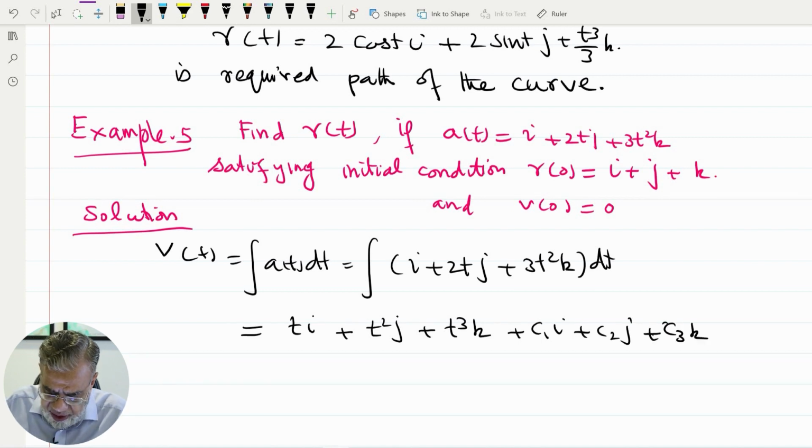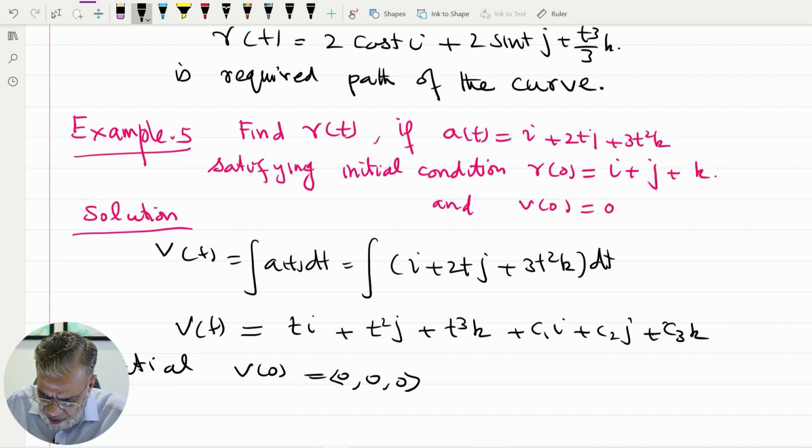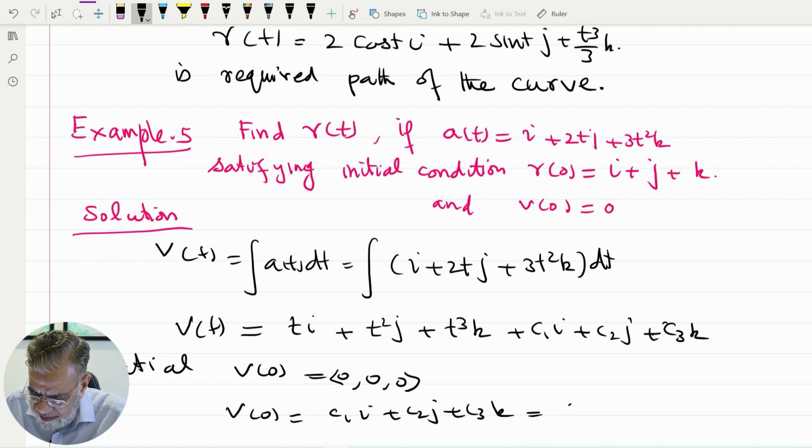Now we take our initial conditions. The initial condition given for the velocity is that v0 is equal to the zero vector, 0, 0, 0. So I can write v0 by putting t equal to 0. My v0 is also equal to c1 i plus c2 j plus c3 k, or in component form c1, c2, c3.